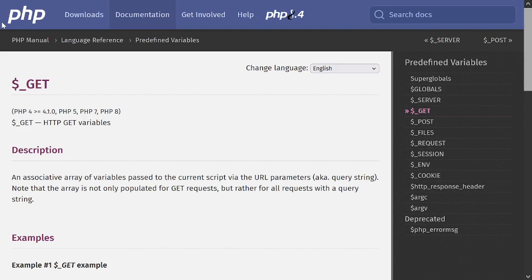When you pull up a function, this is a GET function built into PHP, and you use it just by doing $_GET. It gives you an associative array of all the variables passed to the current script via the URL parameters, also known as the query string.